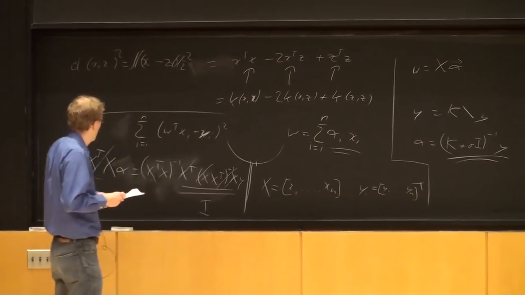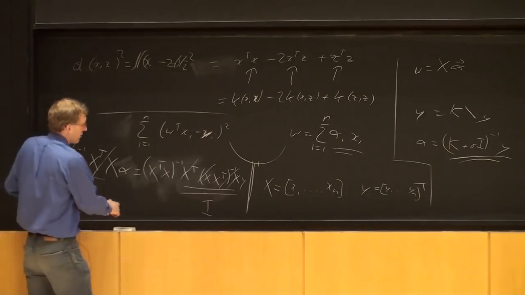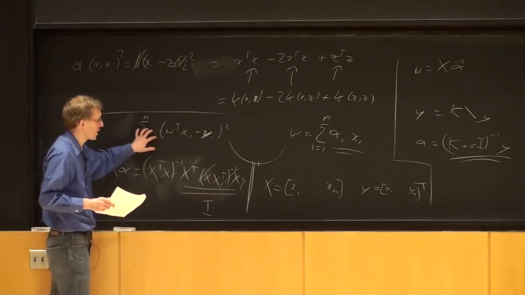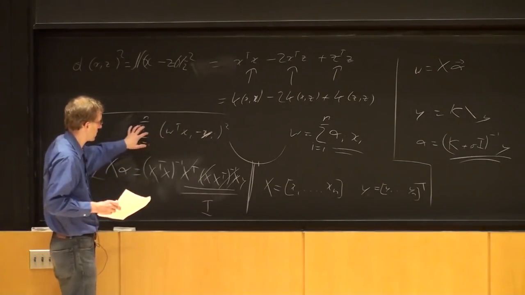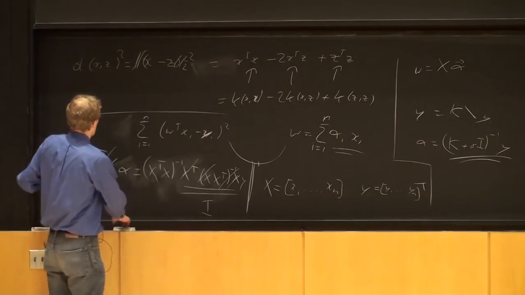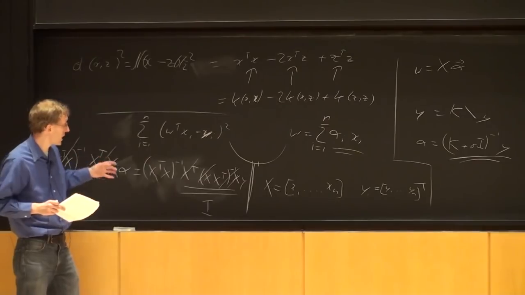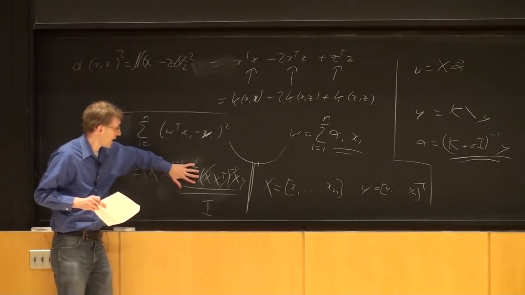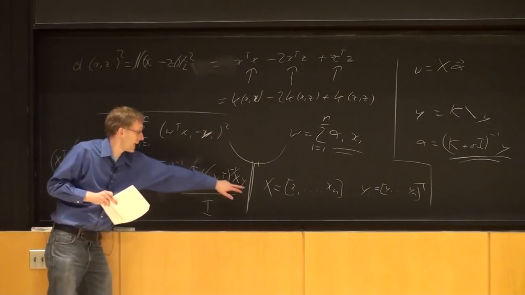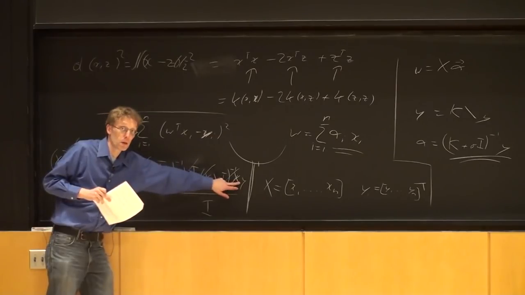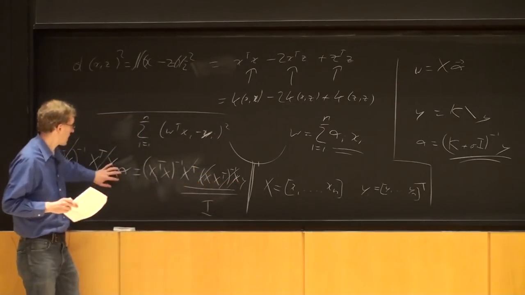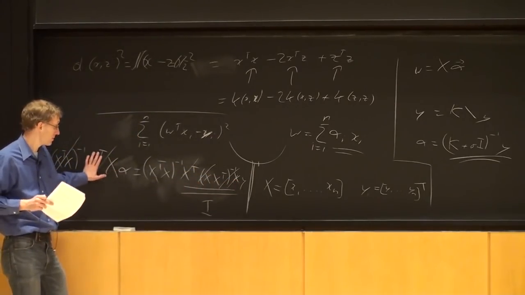So basically we have the closed form solution for this. I erased all my equations here. The closed form solution for this equation here is W equals x transpose x inverse times x y. So that's exactly this term on the left. Instead of W, I write x times alpha.